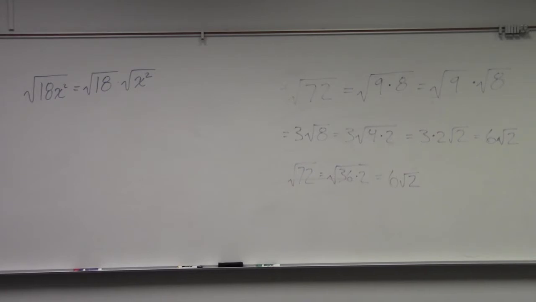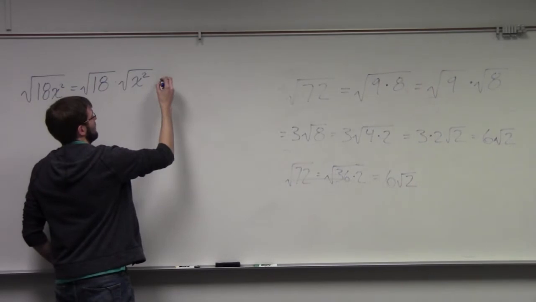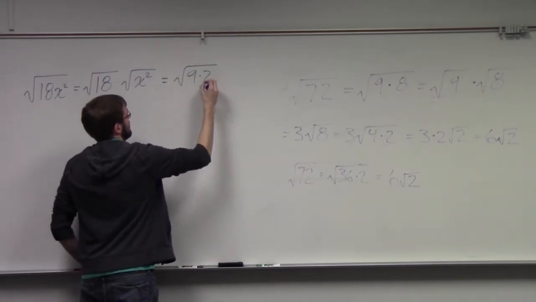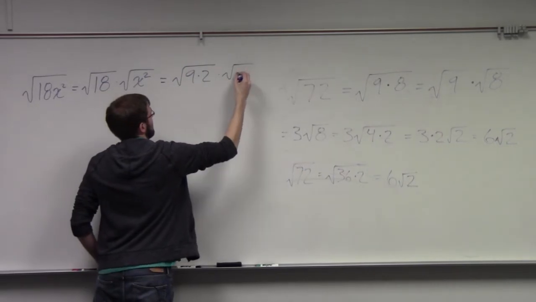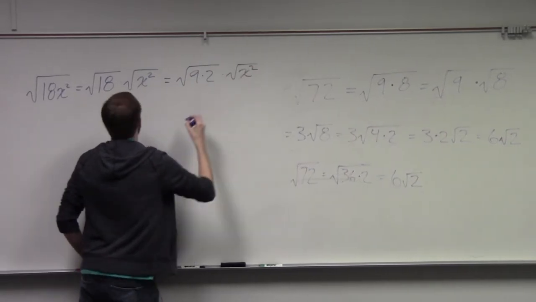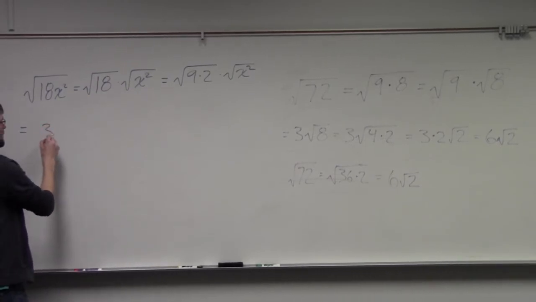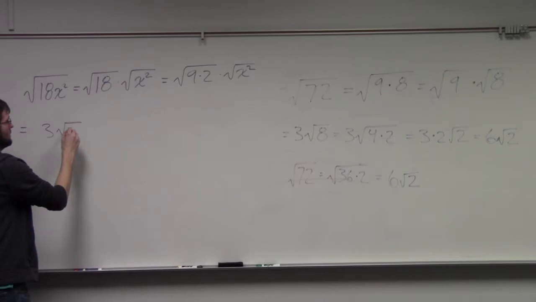So what can I break 18 into? That's right, 9 and 2. The square root of 9 is 3. That 2 is going to stay in there.